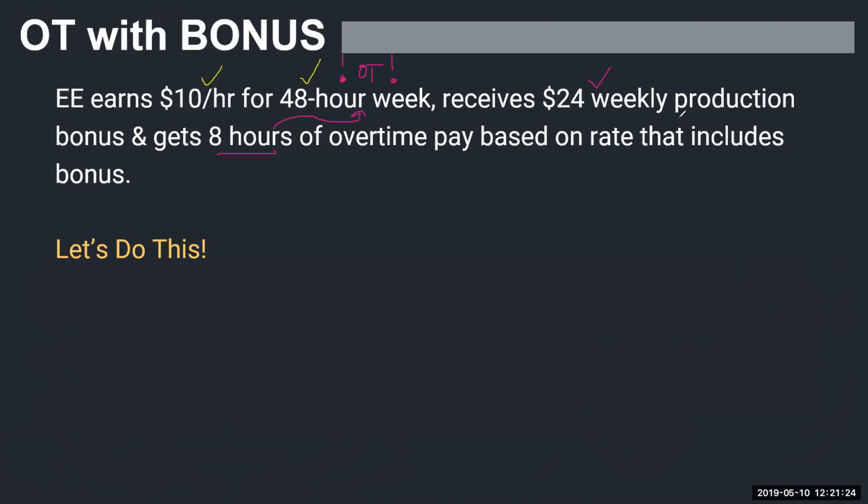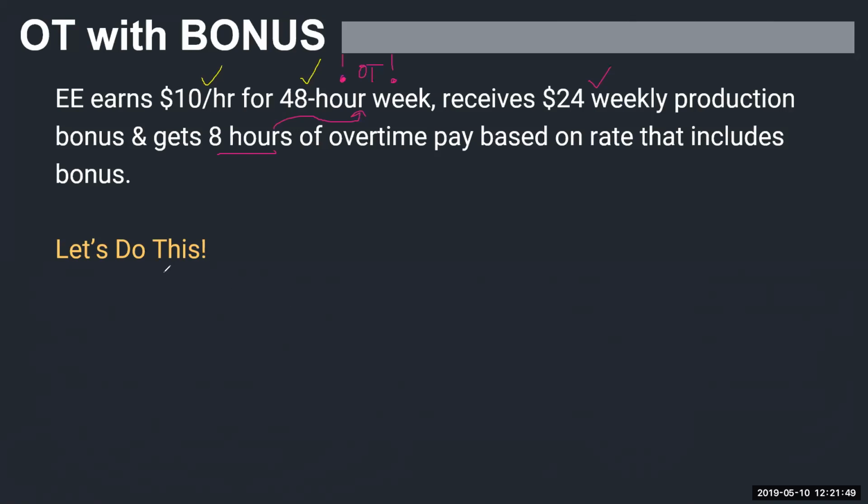That being because this employee is enjoying a production bonus. That production bonus has to be part of the regular rate of pay. We saw on the previous slide, FLSA says so. A production bonus is part of the regular rate of pay. So I have to blend this additional $24 into the $10 an hour regular rate of pay.